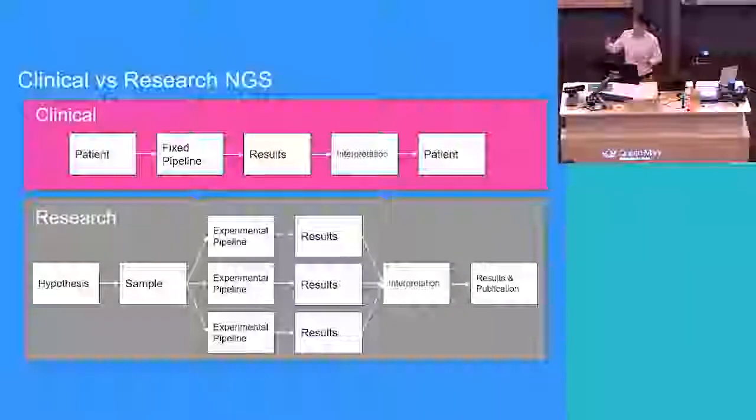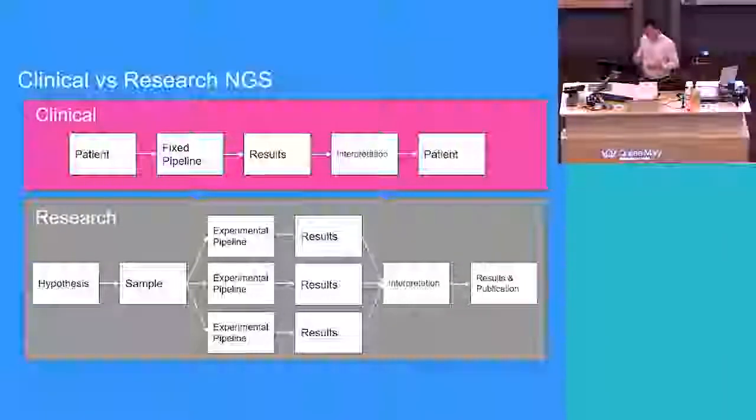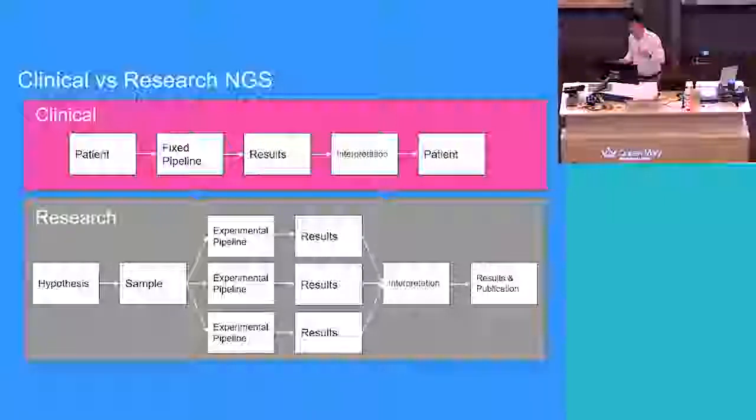But we found the difference between those pathways is that in a research setting, we actually try various experimental pipelines. So, for instance, if we're doing an NGS experiment for a pure academic study, we might try a set of different variant callers, produce different results, and look at the overlap and interpret the results.